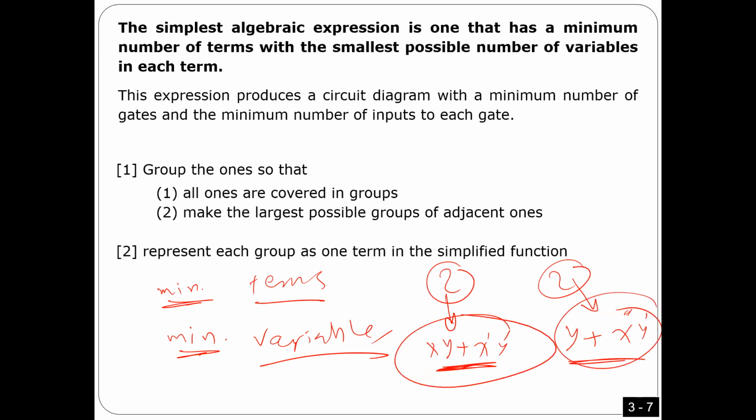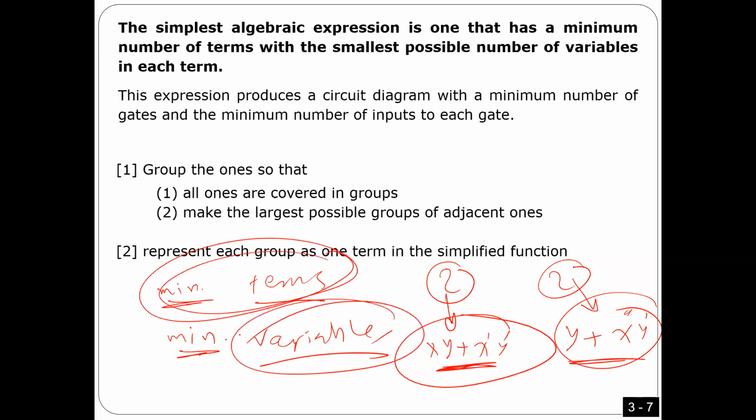The number of terms is equal, but here this term has only 1 variable, while you have 2 variables. You understand what I'm saying? So here I'm making a definition. This definition should work in case of 2 variables, 3 variables, 4 variables. When I tell you the most simplified version, it means we need to reduce the number of terms. Also, we need to reduce the number of variables in these terms. Is that okay?